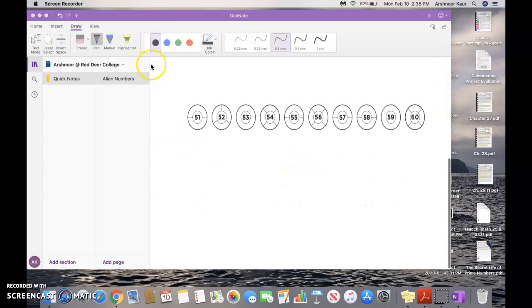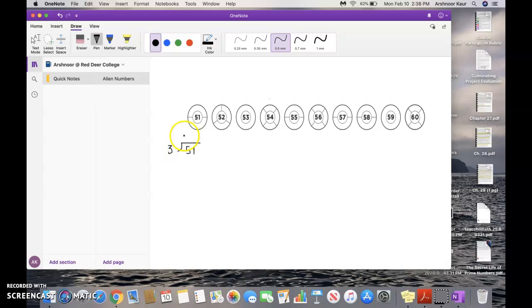Well, starting off, I would look at 51 and start with the low numbers. I'm going to try to divide 51 by 3. So 3 can go into 5 one time.